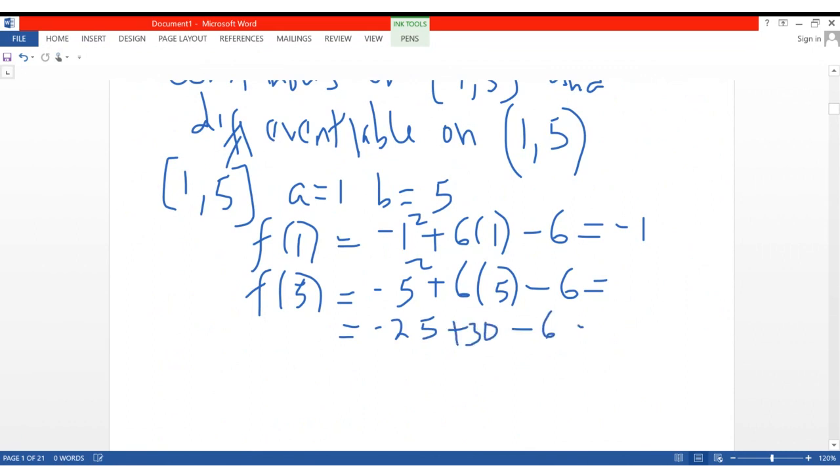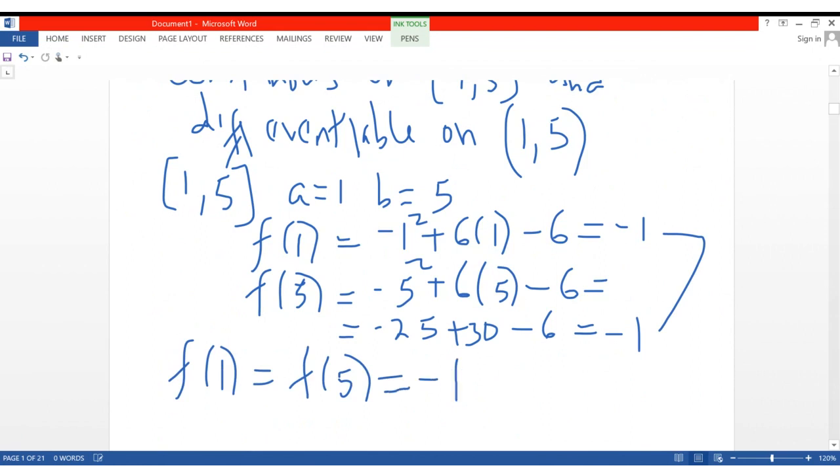The negative will still remain. So negative 25 plus 30 is 5, 5 minus 6, you're still getting negative 1, and you can see that they are equal. So f of 1 is the same as f of 5, which is the same as negative 1. So you can proceed. If they're not equal, please don't proceed.